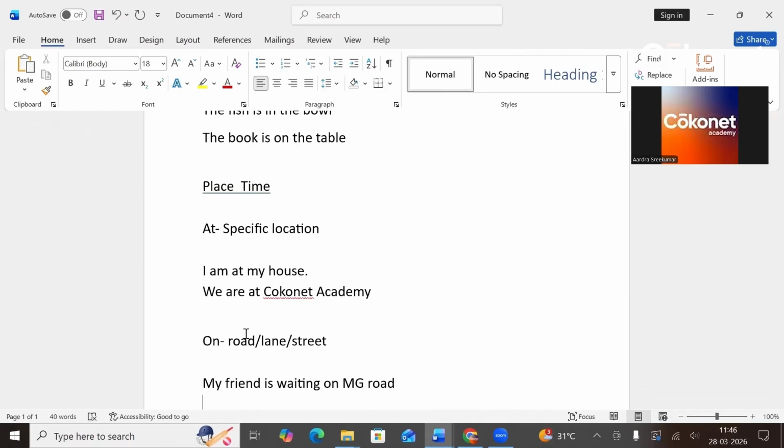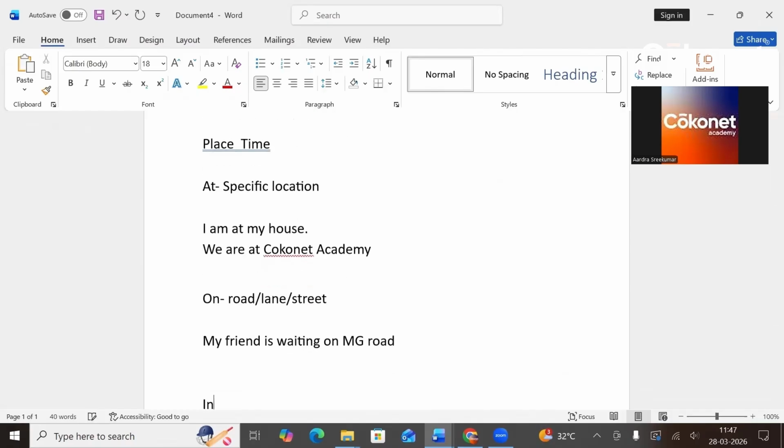For an exact specific location, you use at. For example, I am at my house, or we are at Coconut Academy. I am at my grandmother's house. So the exact location can only be stated through this particular preposition, which is at. And if you have to talk about anything related to road, lane, or street, you can use on.